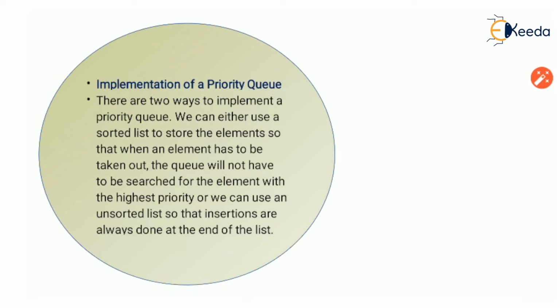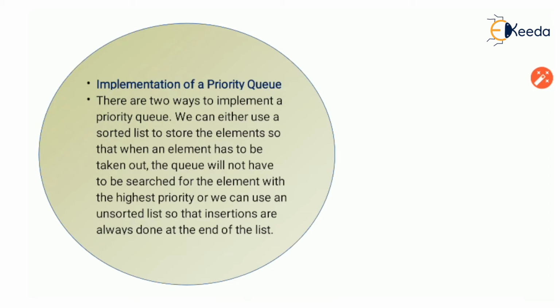Here we are not in a position to search any element from the queue. The elements are already sorted. We just want to take out the element which has the highest priority, and if two elements have the same priority, then we go for FCFS, that is first come first serve basis.